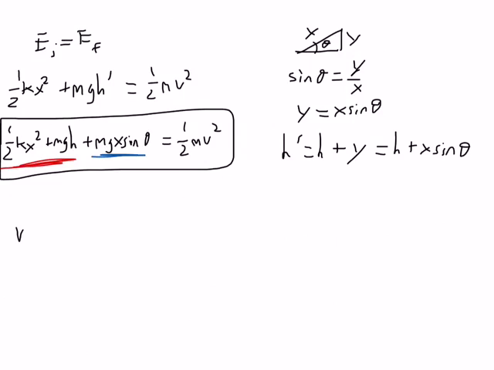So for v squared, we're going to multiply by 2 and divide by m. So we get k over m times x squared plus 2gh plus 2g sine theta times x.